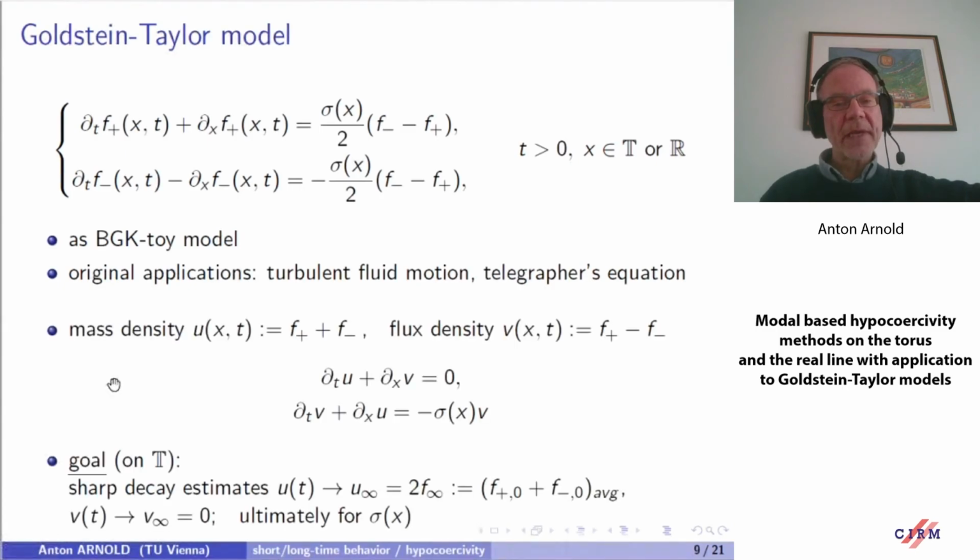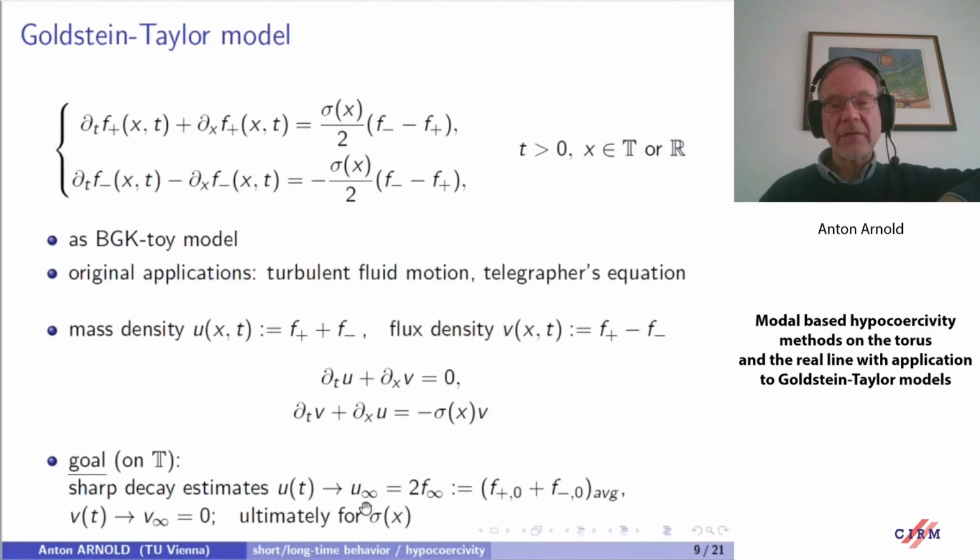So in order to analyze that, I first introduce a mass density U, which is just the sum of these two families, F plus and F minus, and the flux density V, which is the difference of these two variables. So in these new two variables, U and V, the model can be rewritten like this. And the goal, first for the case of the torus, is that for both of these functions, U and V, I want to establish sharp exponential decay rates to the steady state.